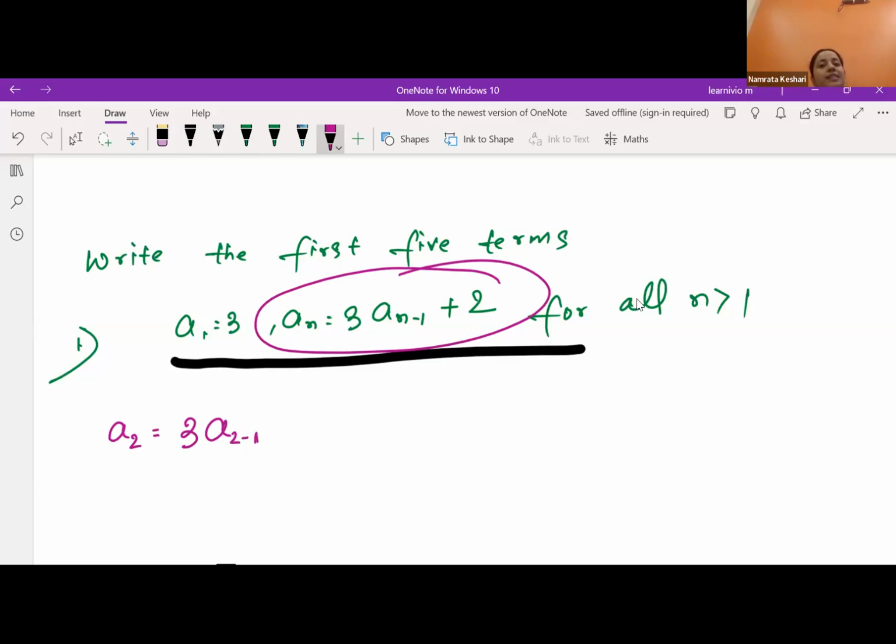That's why wherever we are seeing n, we are placing 2, plus 2. That will be 3a1 plus 2. Now we already know a1 value is 3, so we will be dropping it over here. A1 is 3, plus 2, and we will be getting 3 times 3 is 9, plus 2 is 11. A2 is 11. Are you getting it, Nabila and Manvi? Yes.